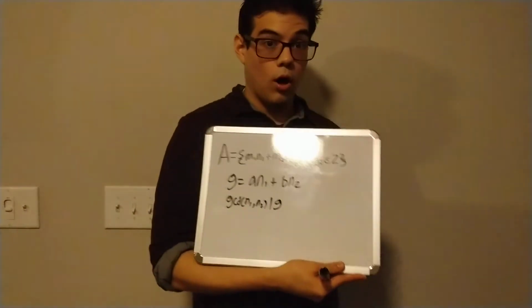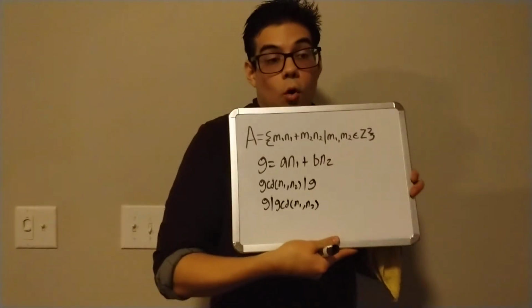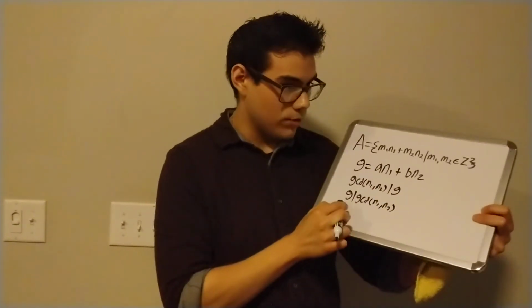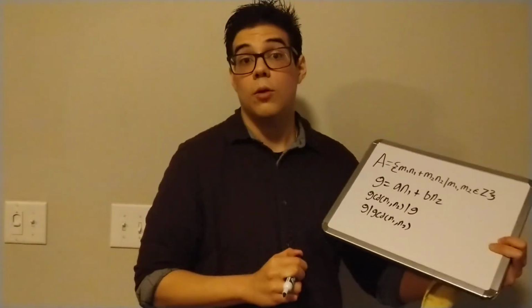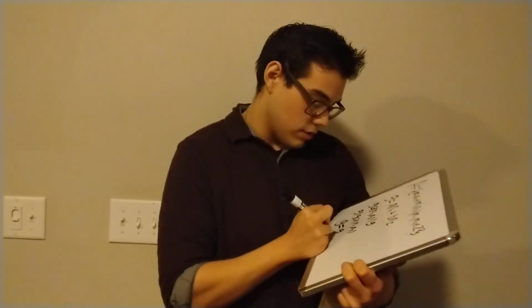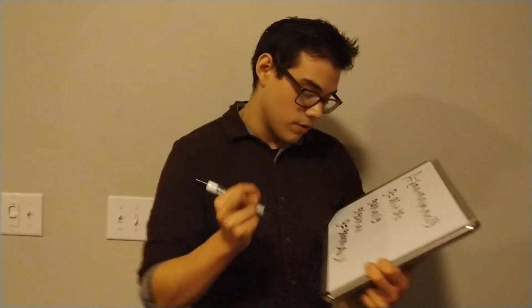However, if you recall from part 2, we know that g divides the GCD of n1 and n2. The only way for this to happen forwards and backwards is to arrive at one conclusion. That means g must equal the GCD of n1 and n2.